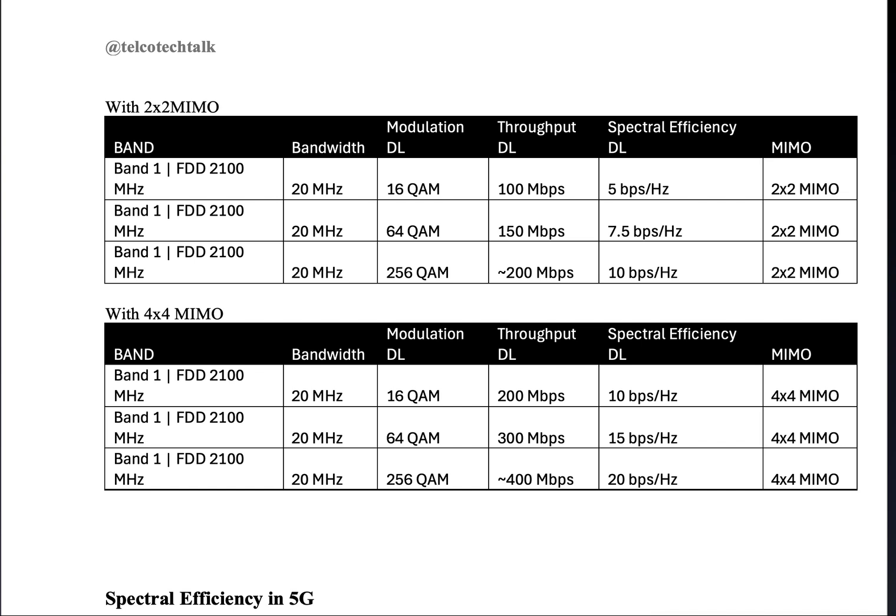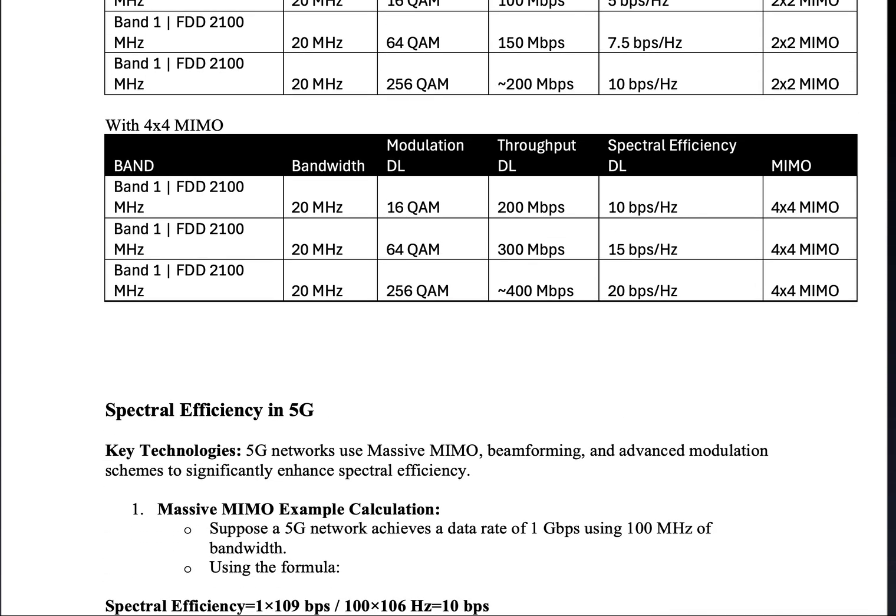Let's say I'm not counting any overheads, I can achieve 20 bps per hertz. But again, 15 bps per hertz is what we discussed. Probably we will have that after reducing all the overheads, as the theoretical maximum spectral efficiency in LTE.